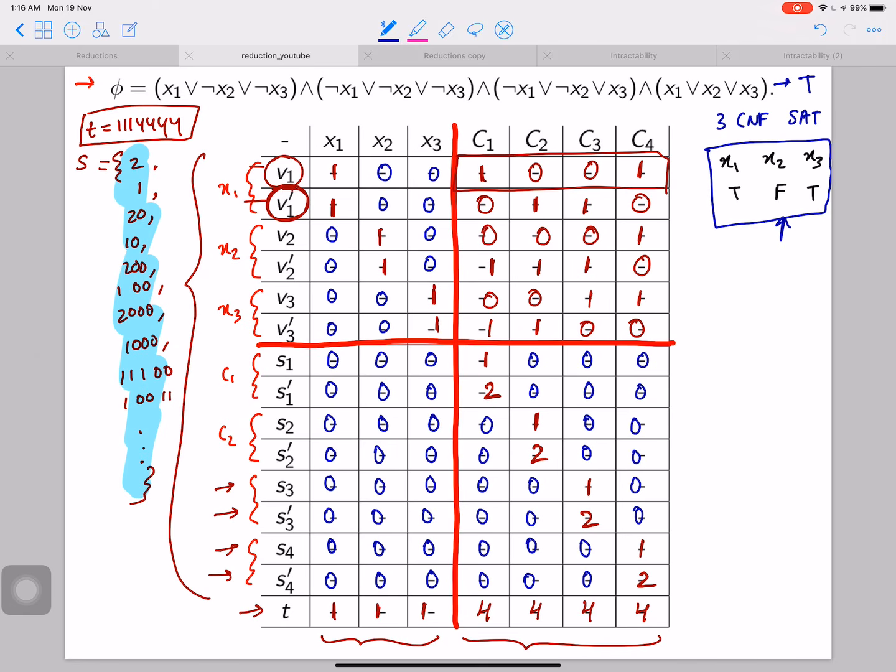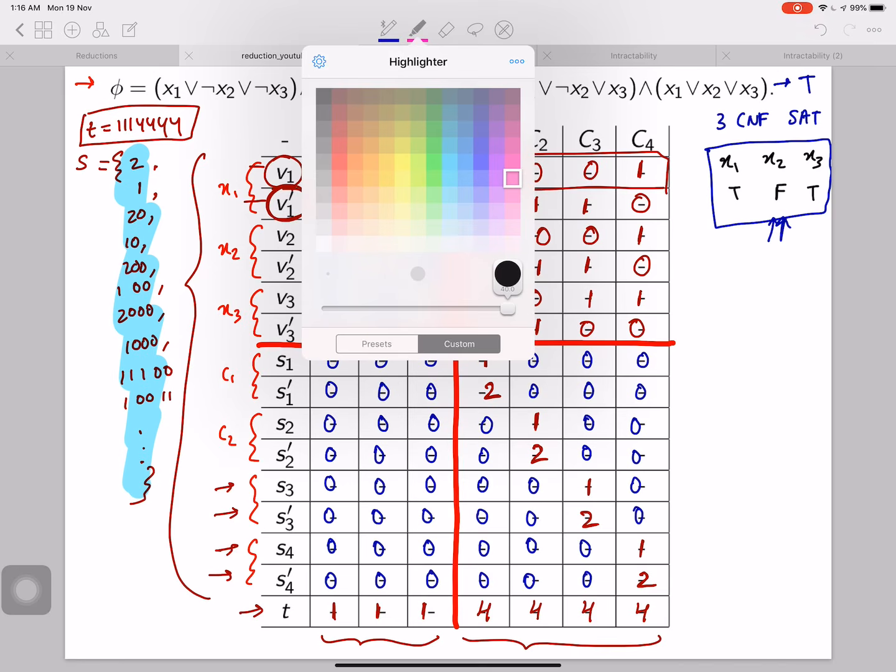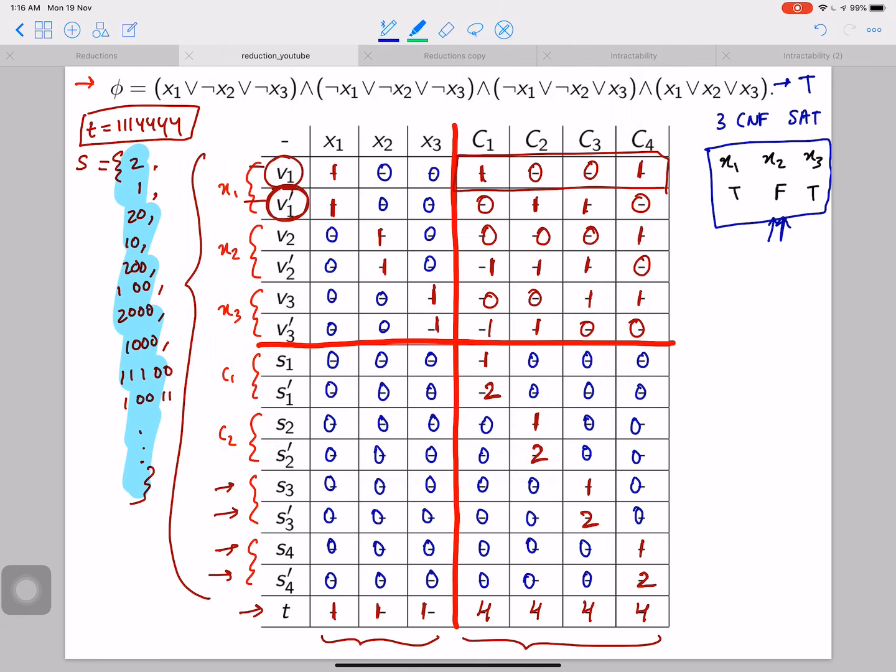So we want to select the rows which represent x1 being true, x2 being false, and x3 being true. And those are these rows. This represents x1 being true, this represents x2 being false, and this represents x3 being true.